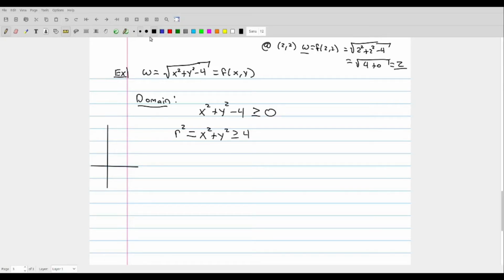For any point (x, y), hopefully we remember from Calc 3 that r is the distance from the origin. I'm just drawing a picture to show this.